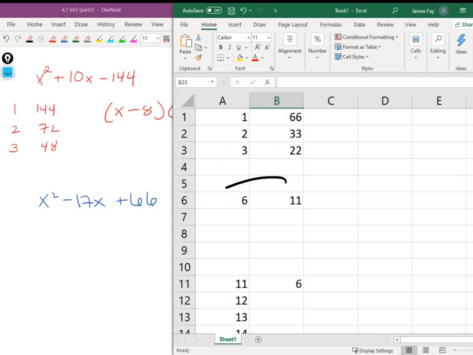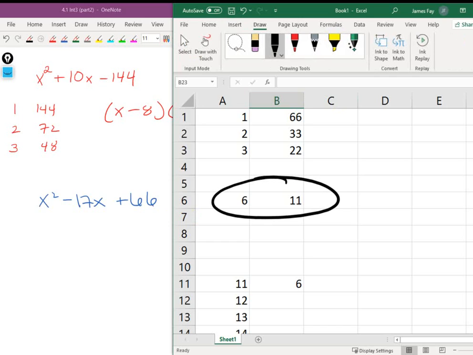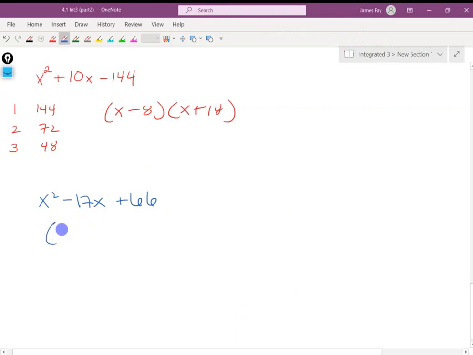Those two, if they're both negative, add up to give me negative 17, right? So then we're going to look at x minus 6, x minus 11. Does that help us factor those quickly? Now, obviously, you probably don't want to use that if this number is pretty small.